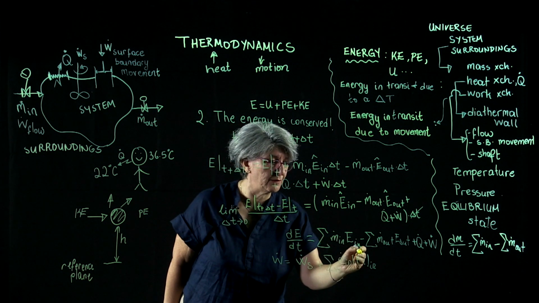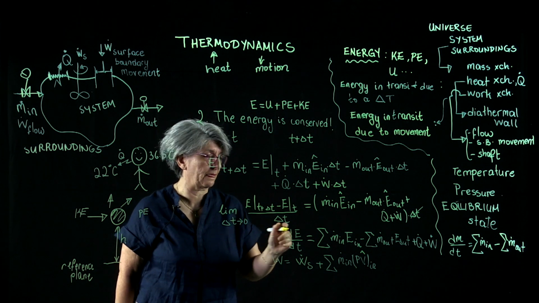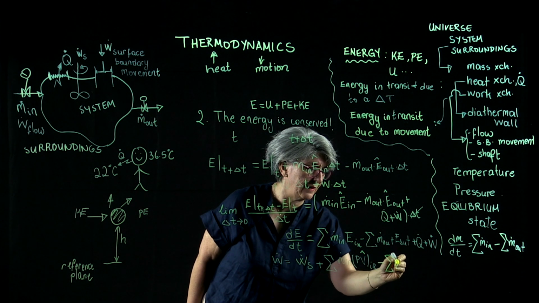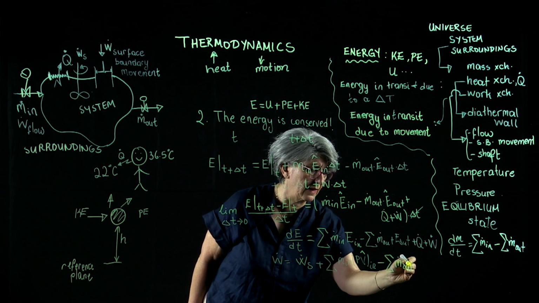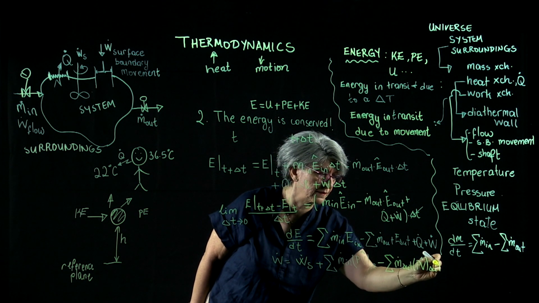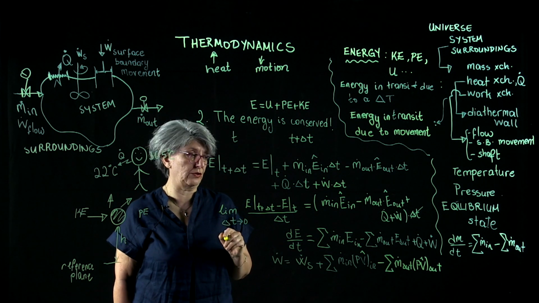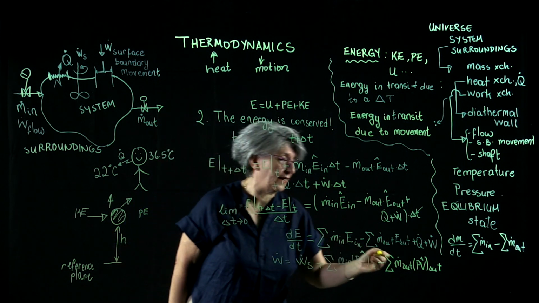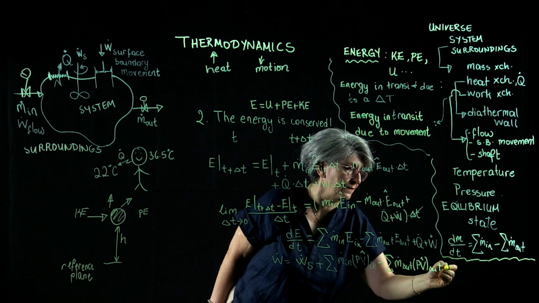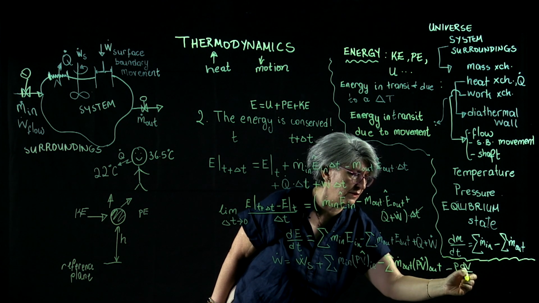Why it is p times v, why it is p times v hat, I will explain. Of course, we have m dot out times p times v out. And then we have surface boundary movement work. And that is going to be minus p dV over dt.